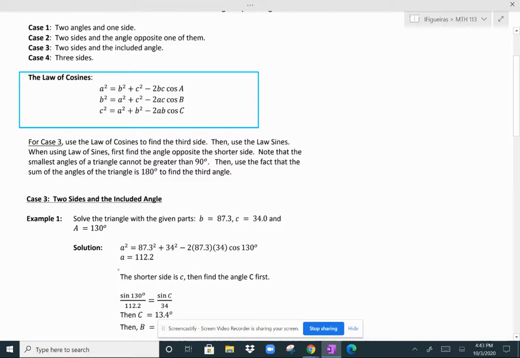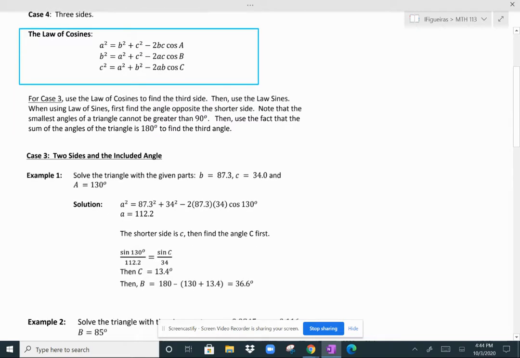Now that we found side a, and you know angle A, we can use the law of sines to find another angle. Just so that we're consistent with what we find, the recommendation is to find the shorter angle first.